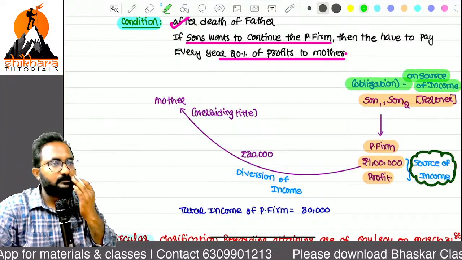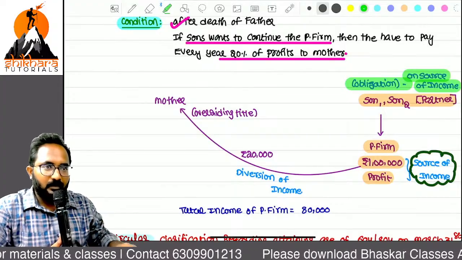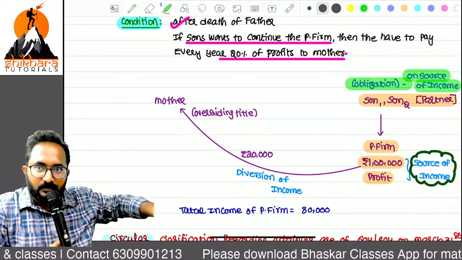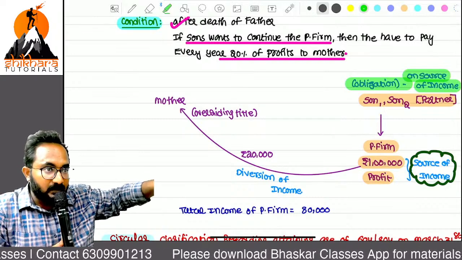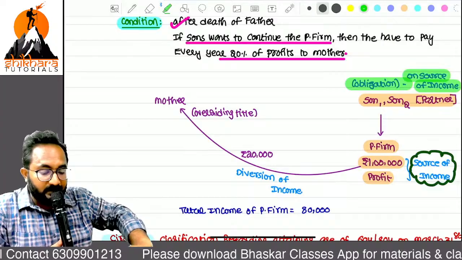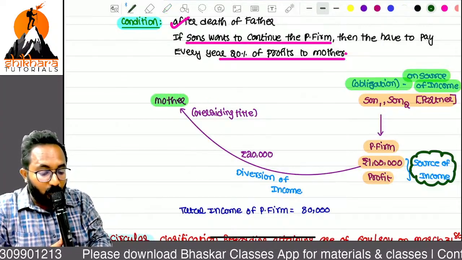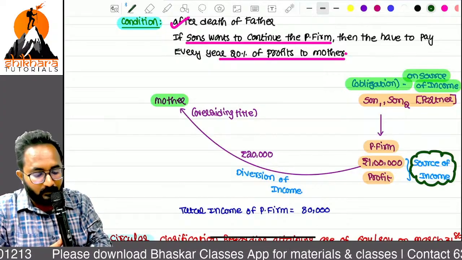Now, suppose 1 lakh profit is there in that partnership firm. Out of 1 lakh, we want to give 20% to that mother, because mother has what, overriding title.